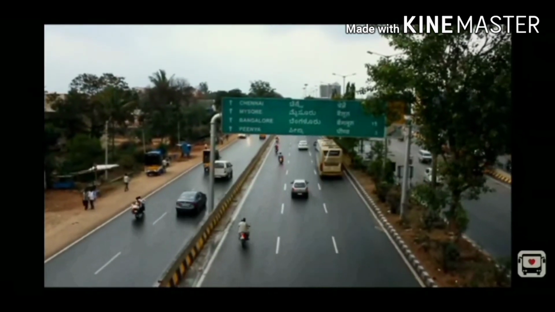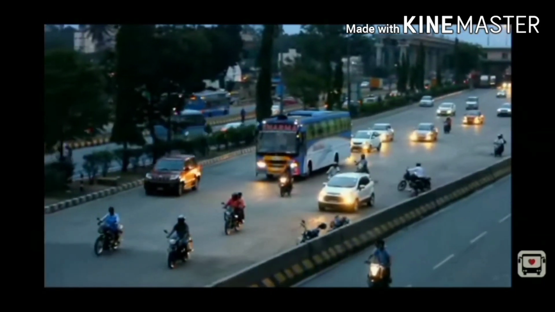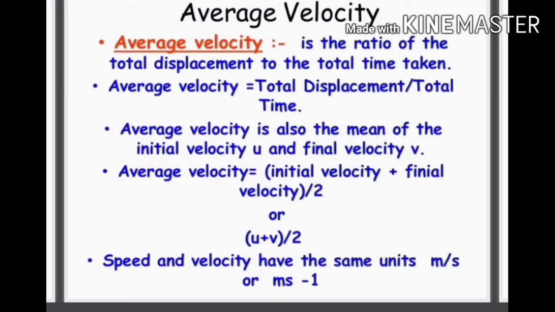You can consider initial velocity as u and final velocity as v. So average velocity is u plus v by 2. Speed and velocity have the same unit, meter per second, m s^-1.